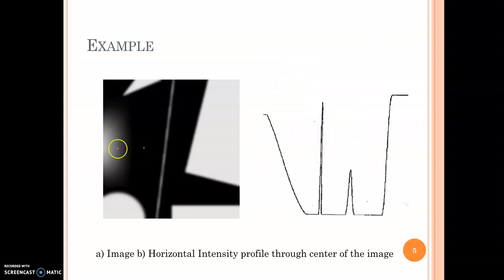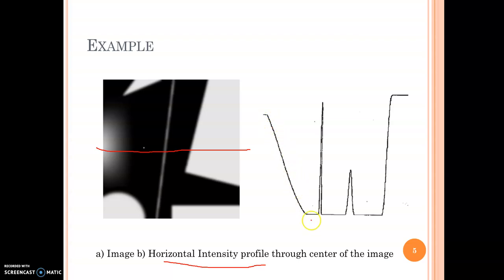So here you have an image and I take a horizontal intensity profile through the center of the image. So I consider a line through the center of the image. You can see the intensity is going to decrease.